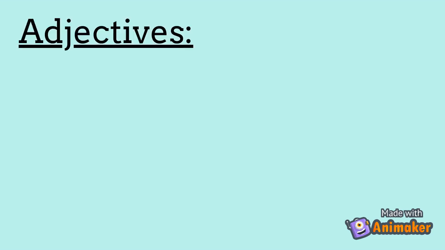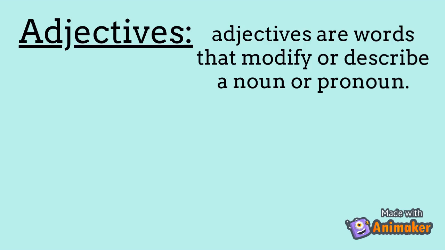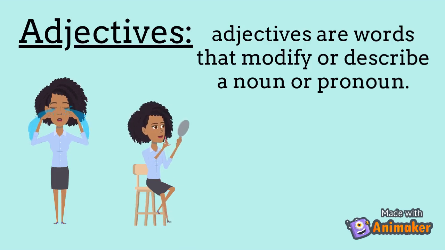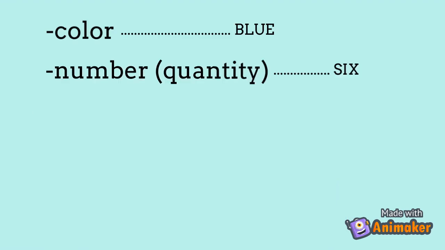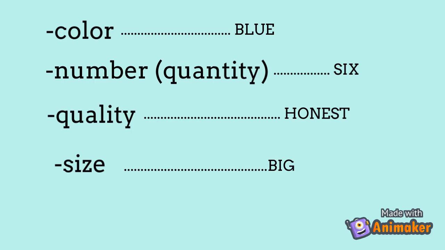Next up, we have adjectives. Adjectives are words that describe or modify a noun or pronoun. Words such as sad, beautiful, short, and tall are adjectives. We can use our adjectives to describe our nouns or pronouns in terms of color, number, quality, size, and so much more. Let's take a look at a few examples.